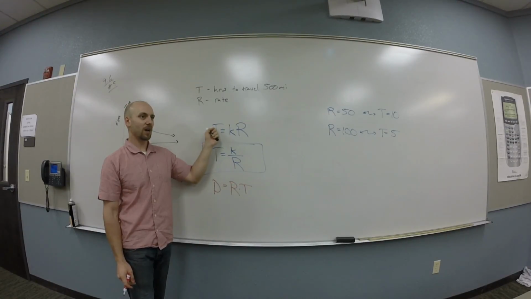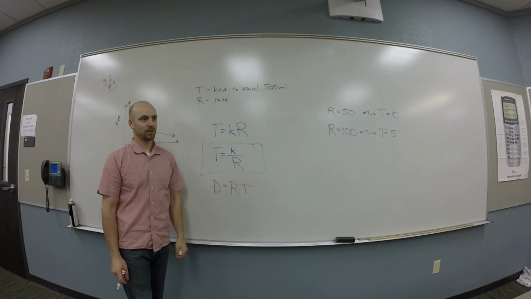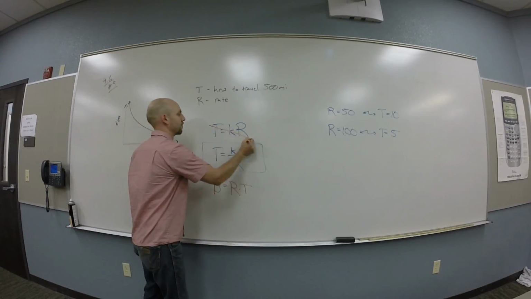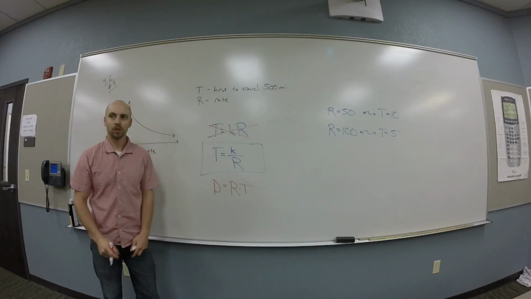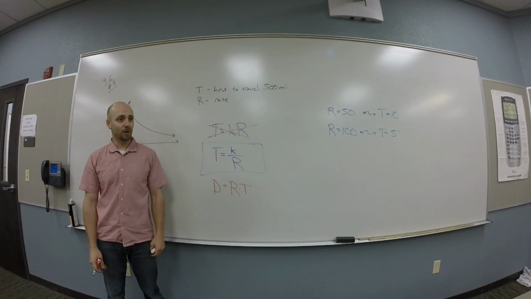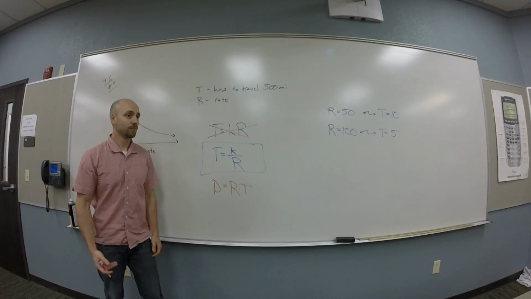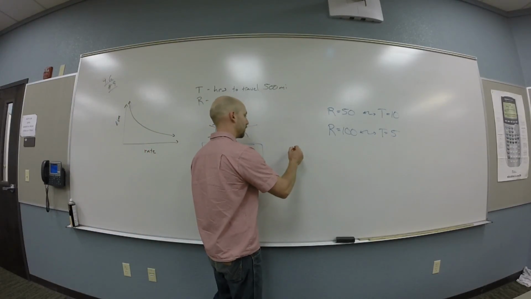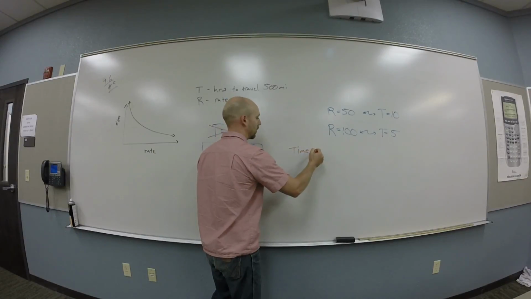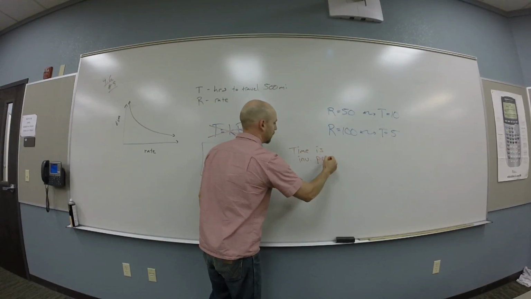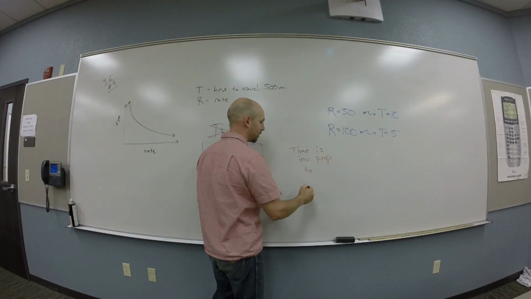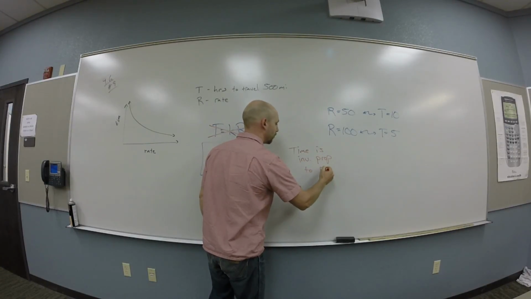I'm not going to have time equals something times a rate. So in stating my answer, I'd say something like they're inversely proportional. So time is inversely proportional to rate.